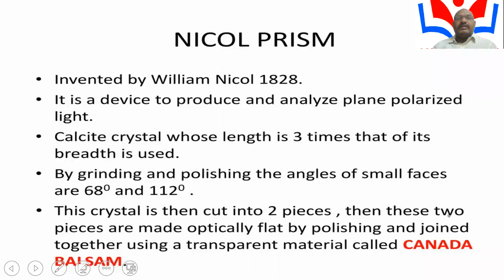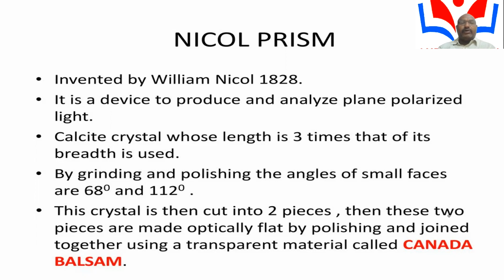So, a very important topic is the Nicol prism. The Nicol prism was invented by William Nicol in 1828. It is a device to produce and analyze plane polarized light. A calcite crystal whose length is 3 times its breadth is used.